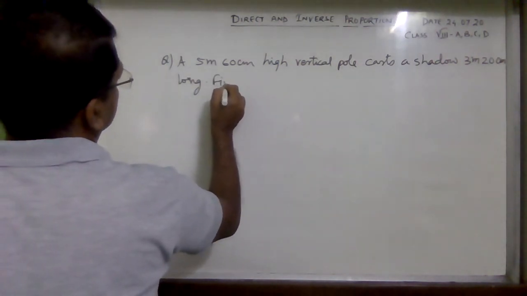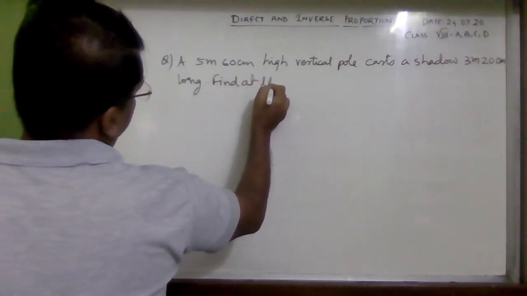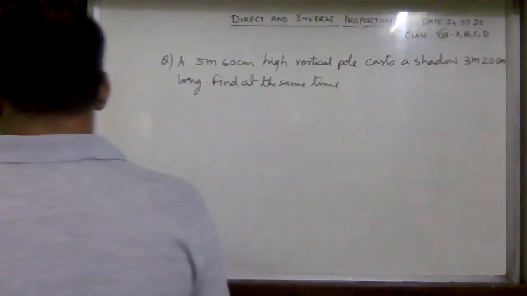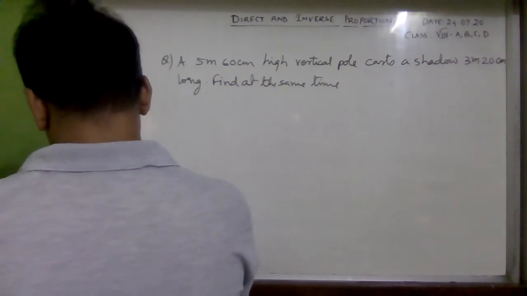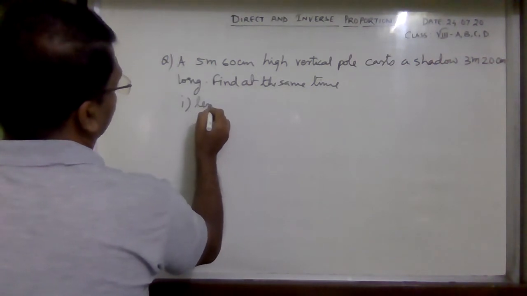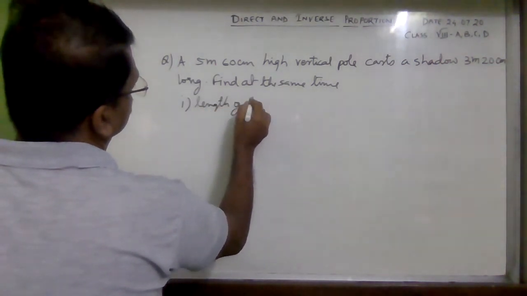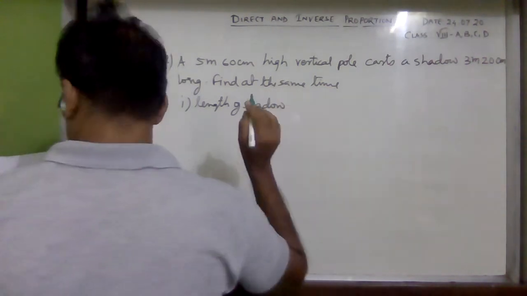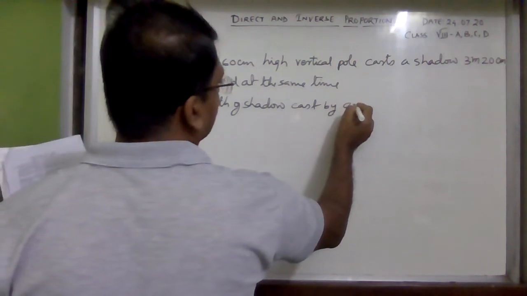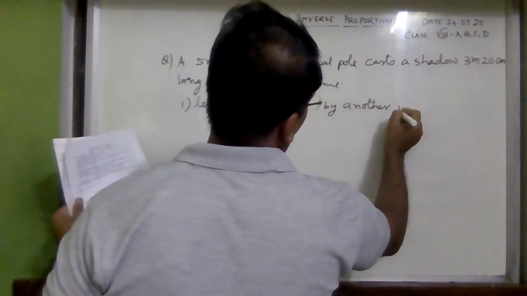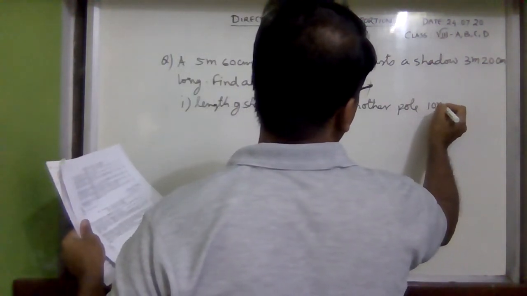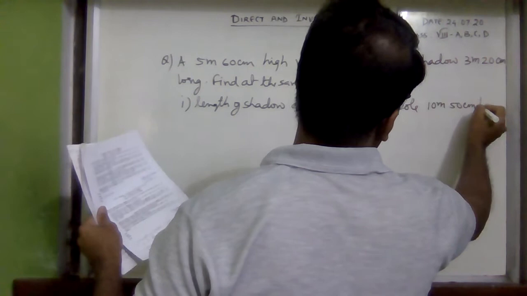Find, at the same time, first part, the length of the shadow cast by another pole 10 meter 50 centimeter high.